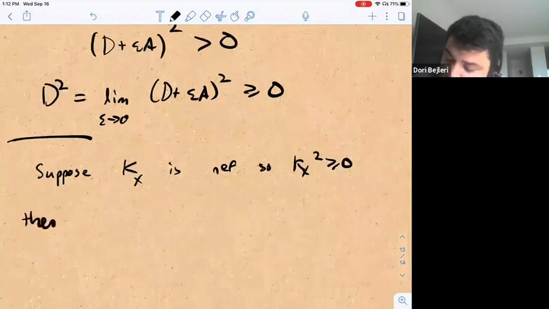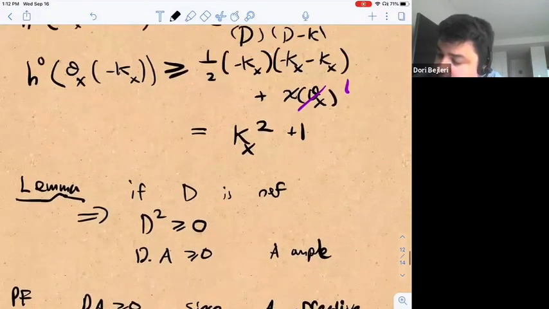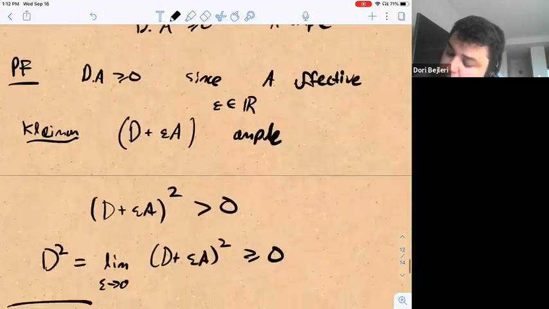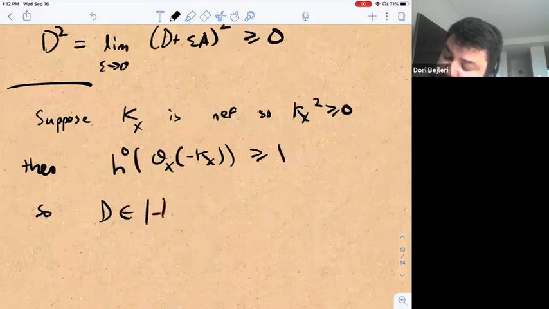Then this has to be greater than or equal to 1, because here we had K squared plus 1. So this minus KX is effective.